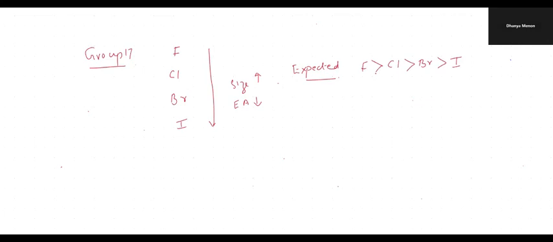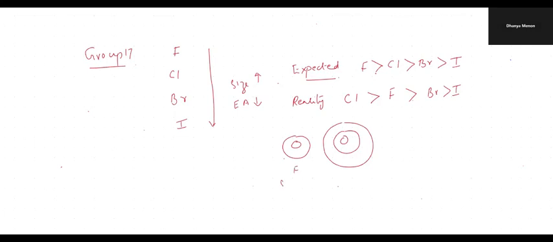But it is seen that in reality, chlorine has a higher electron affinity than fluorine, unlike the normal order. This is because fluorine is a very small atom compared to chlorine. Fluorine is very small and chlorine is bigger.